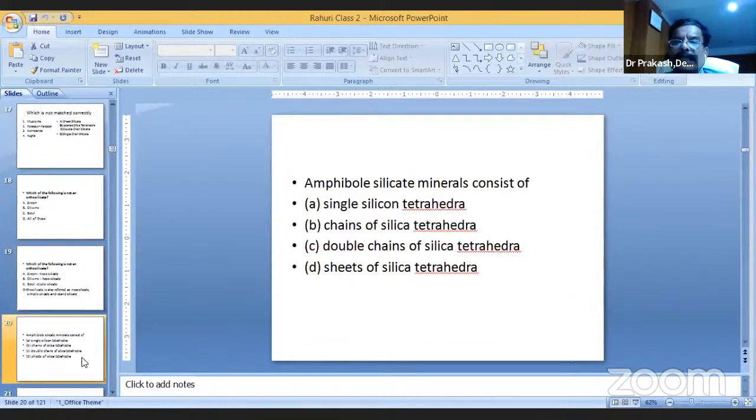Amphibole silicate minerals consist of single silicon tetrahedra, chains of silica tetrahedra, double chains of silica tetrahedra, sheets of silica tetrahedra.